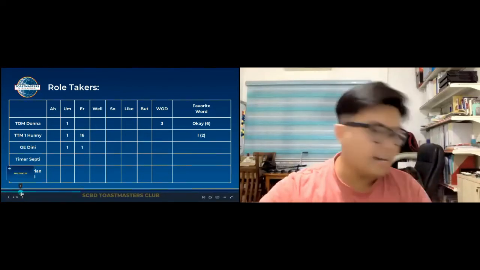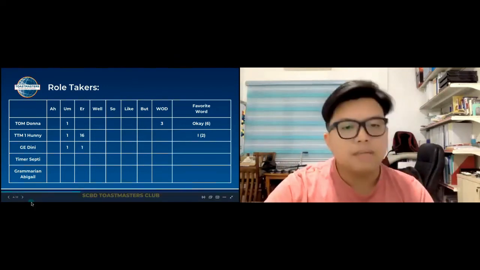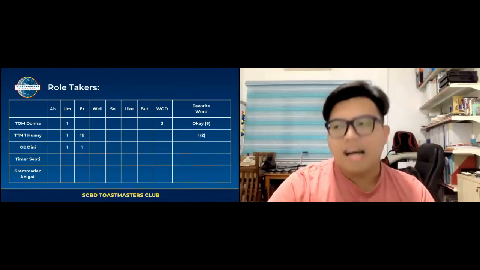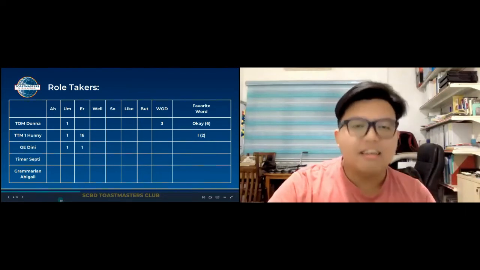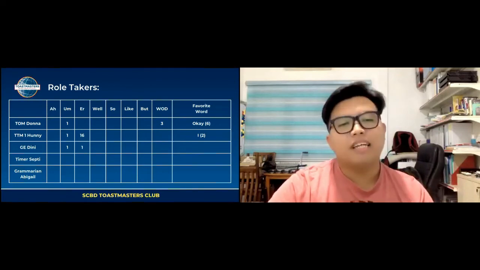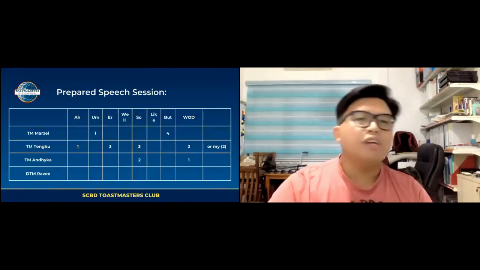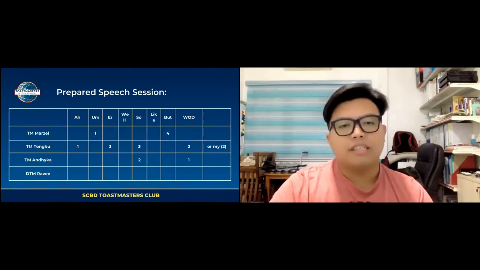And we have, in the table topic room 1, Toastmaster Hanny as our table topic master with 16 one and a favorite word of I for twice. And we have our general evaluator who did not complete her evaluations yet, with one and one during the introduction. And congratulations to our timer and grammarian for a very well-conducted speech. And moving on to our prepared speech sessions, we have Toastmaster Marzal with one and full but with no meanings and no word of the day being shared.